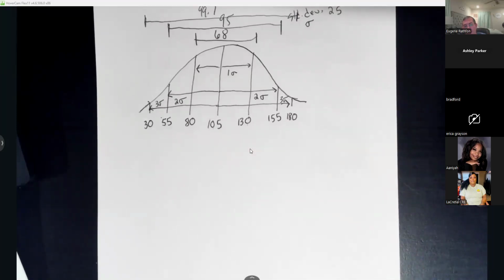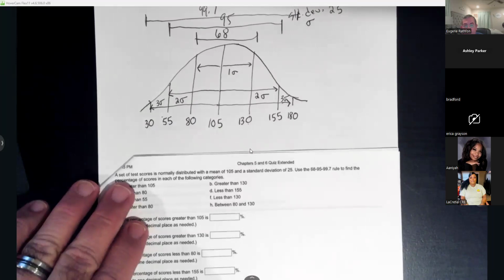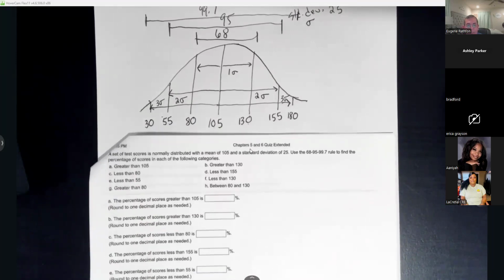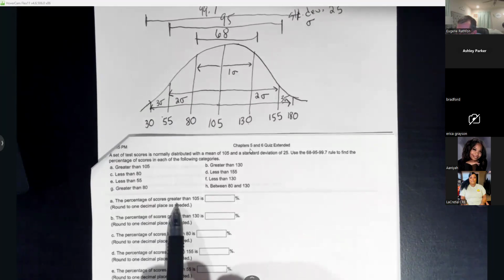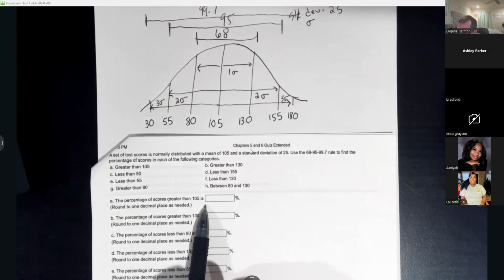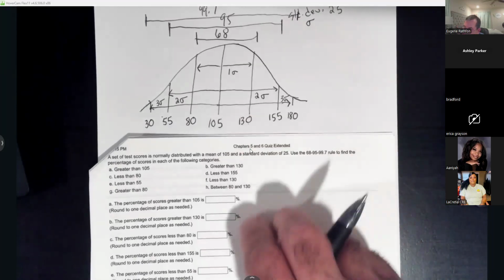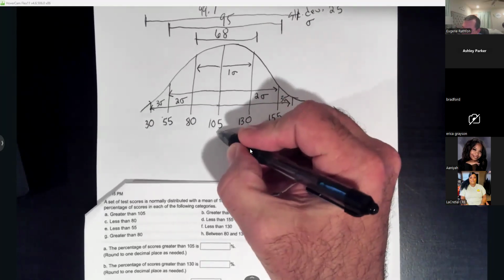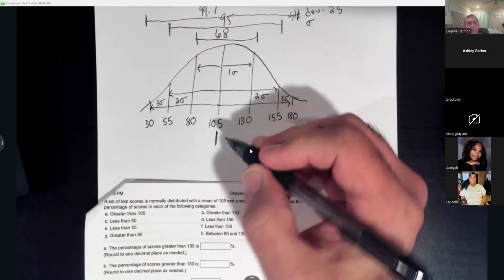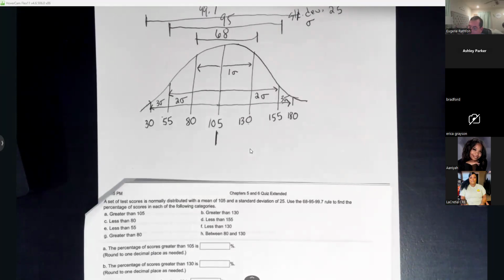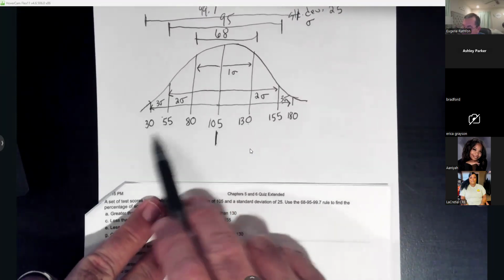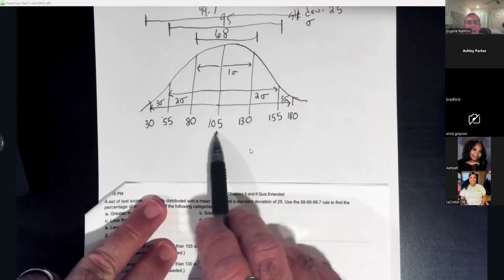All right, y'all, so let's see what they want on this. So they want to know the percentage of scores greater than 105. Well, y'all, 105 is my mean on this, and that splits it between 50% each side.